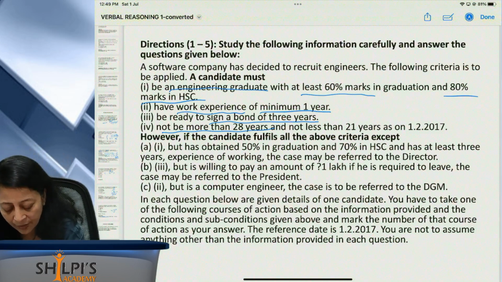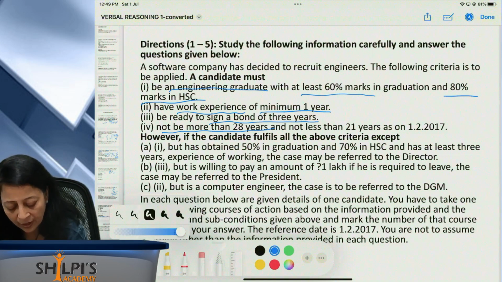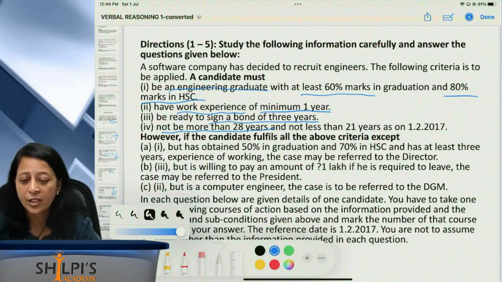This person will not be selected. Can anyone tell me why? Because they clearly told you that it is a software company, and you are going to recruit engineers in software.